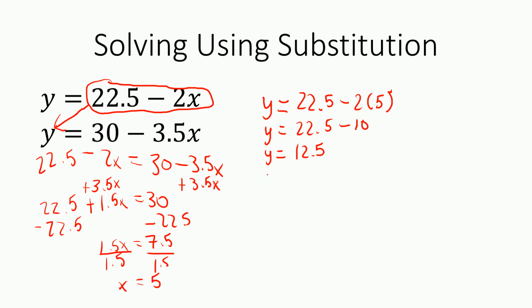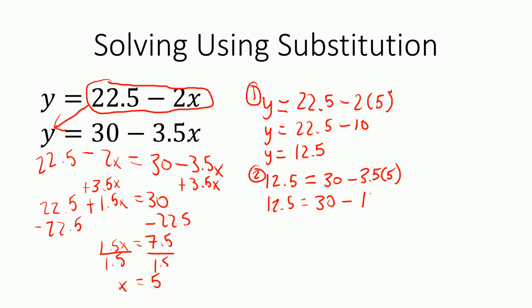Now I need to verify, so I'm going to plug the y value in for y and then the x value in for x in the second equation. This will verify. So I use the first equation here, and this is the second equation here. So now I'm going to verify that this is correct. So 30 minus this ends up being 17.5.